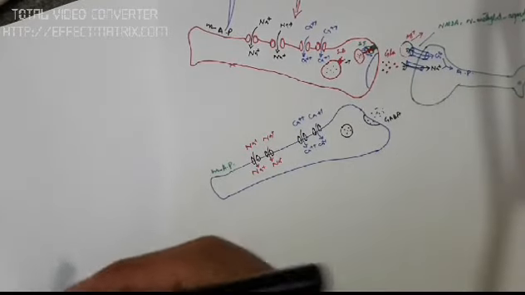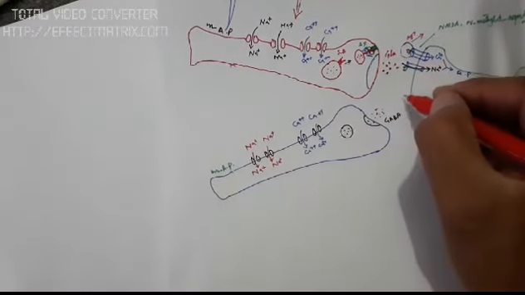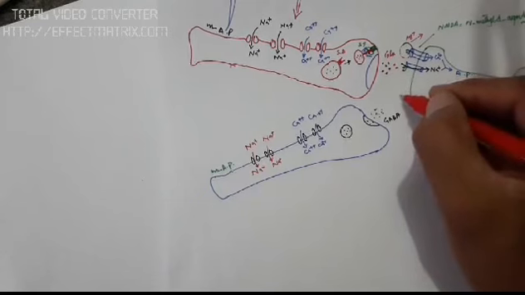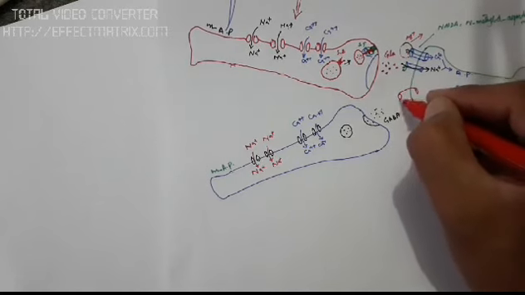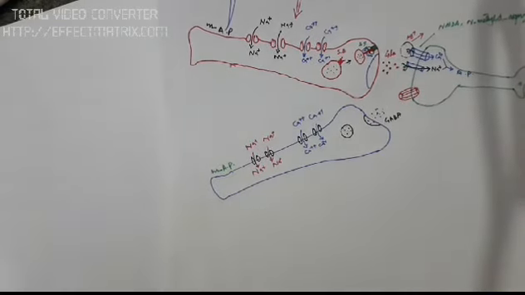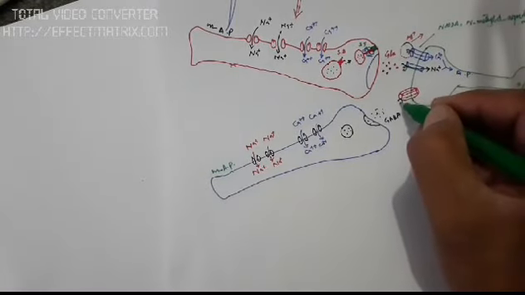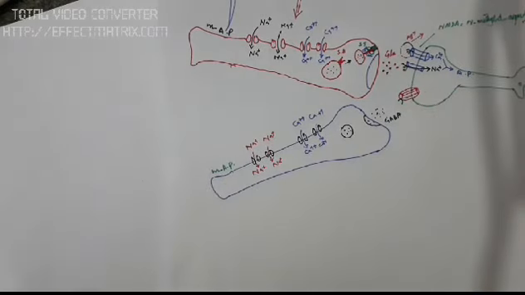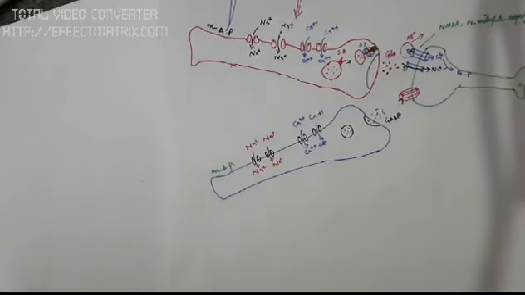When GABA is released over here, it will attach itself to the GABA channel receptors. GABA receptor is a pentameric receptor, like a channel like this. It has a receptor for GABA or gamma amino butyric acid.